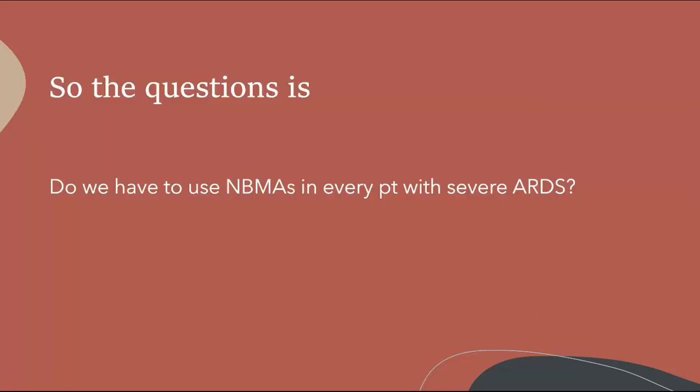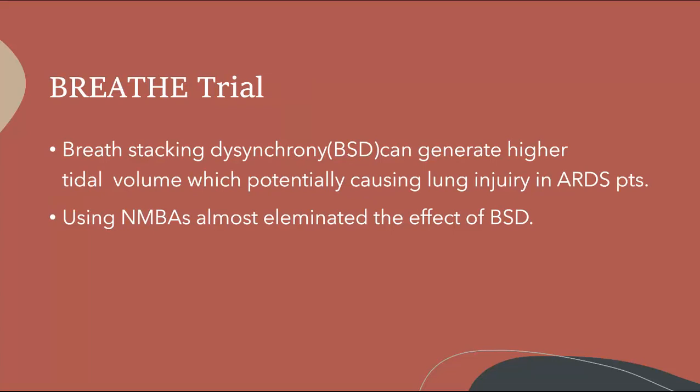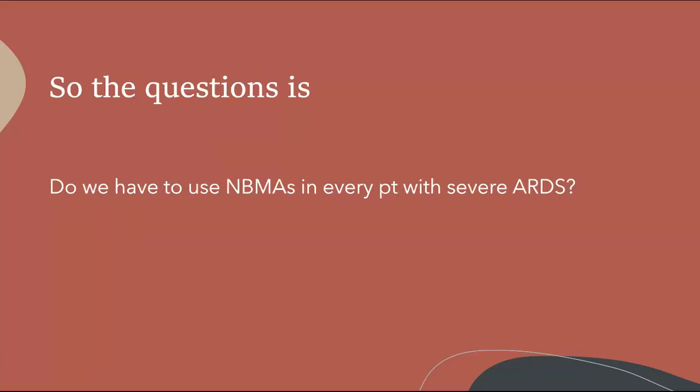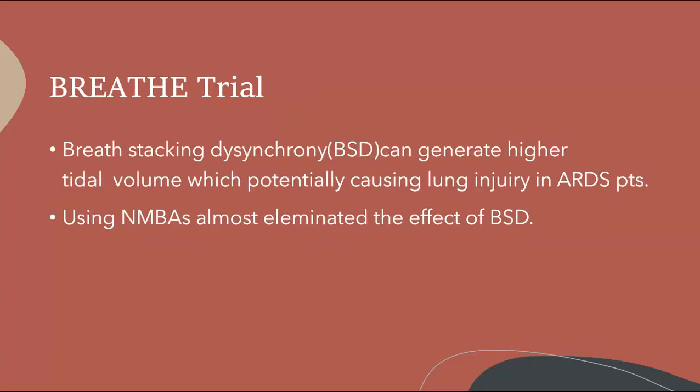So the question is, do we have to use a neuromuscular blocker agent in every patient with severe ARDS? Don't use it if severe hypoxemia we can control. Most likely yes, we use it for asynchrony if patients are already on deep sedation, and for hypoxia, and that's the only thing you can do.